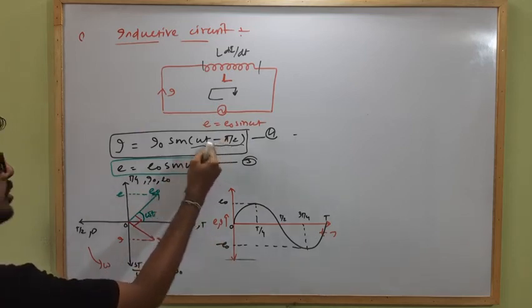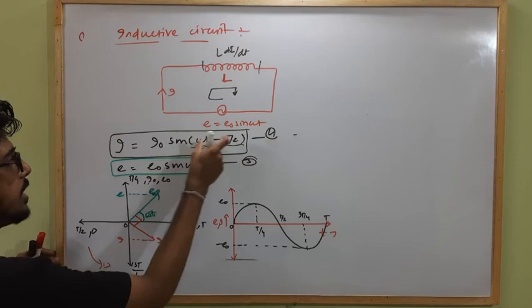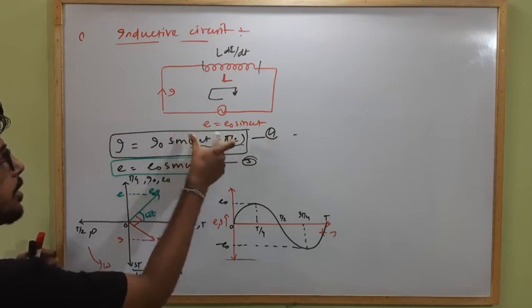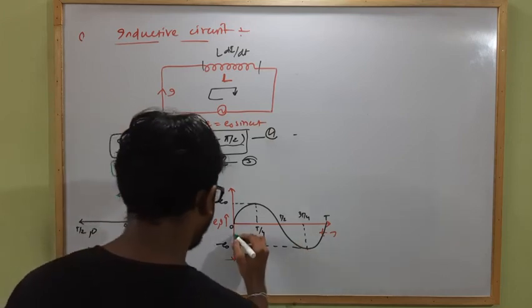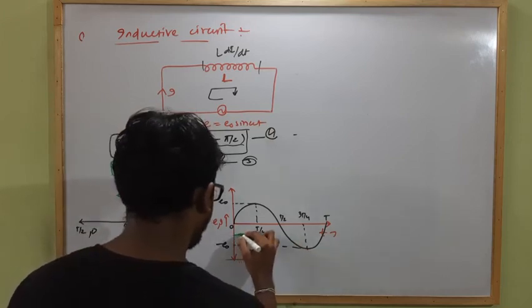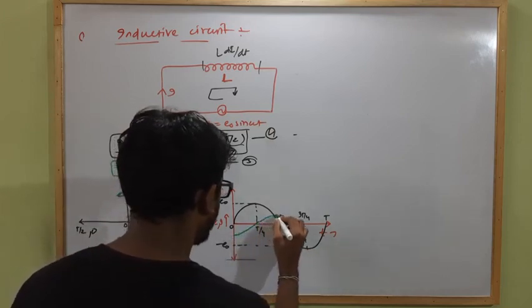It is minus pi by 2 if T equal to 0. Sin minus pi by 2 will be minus sin pi by 2, so minus I naught. So at T equal to 0, this will be minus I naught. So the wave diagram will be like this.